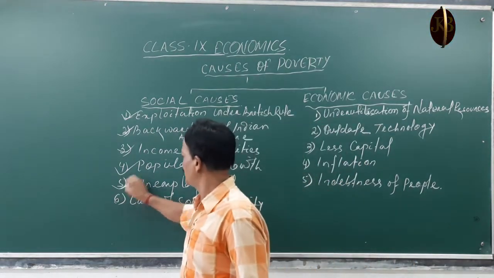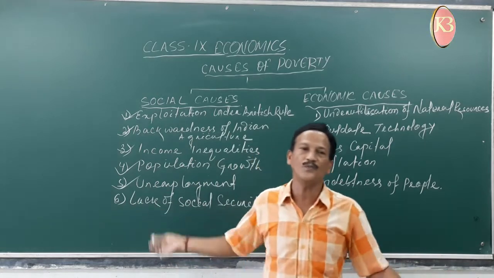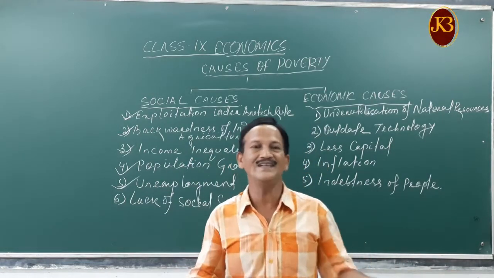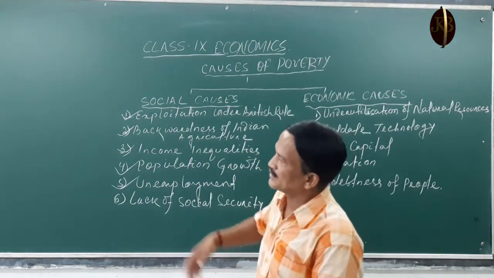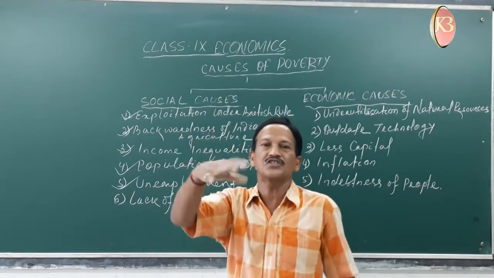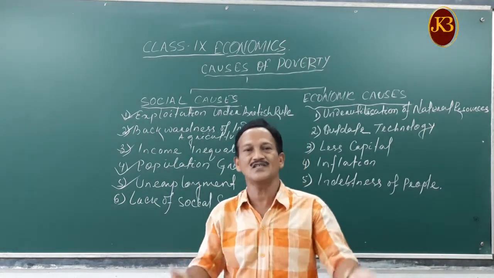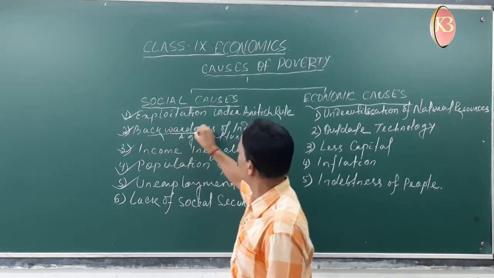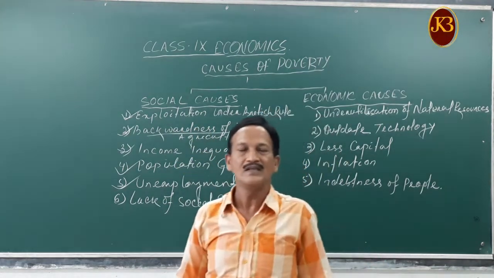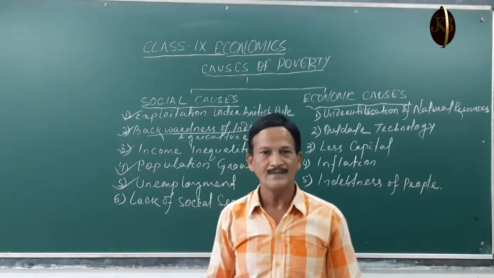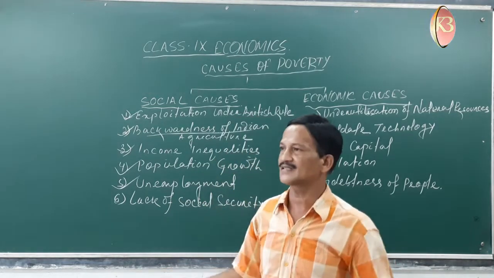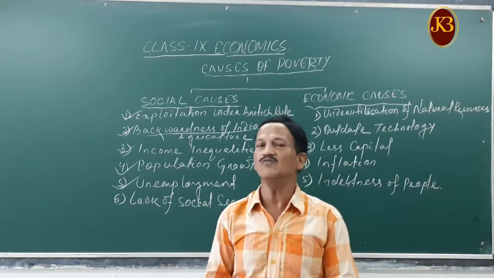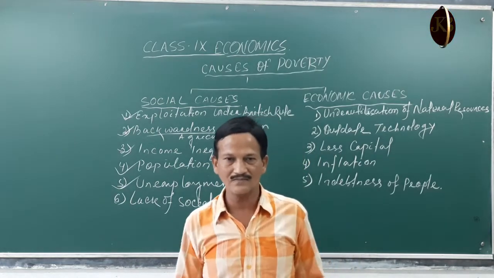Then unemployment. Obviously, when there is more population, people are not finding jobs. Jobs are created by our three sectors of the economy: primary sector, secondary sector, and tertiary sector. Already I said there is backwardness in our Indian agriculture, meaning the primary sector is backward. In the secondary sector, industries are not generating more and more employment opportunities.